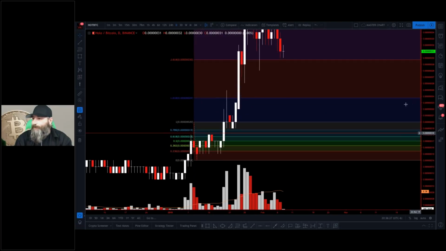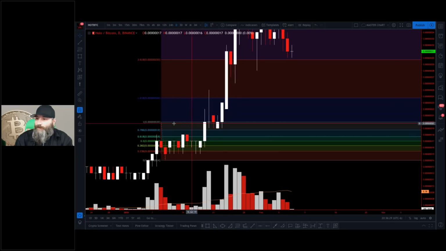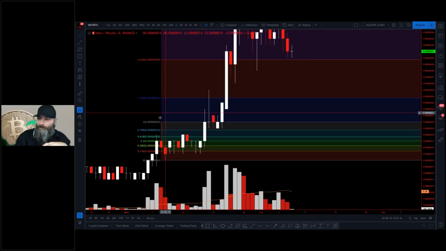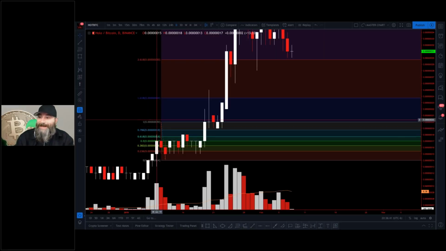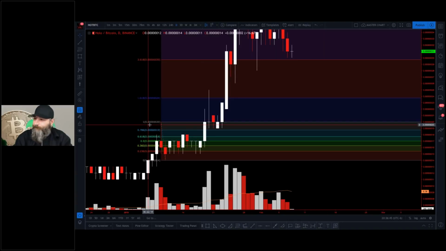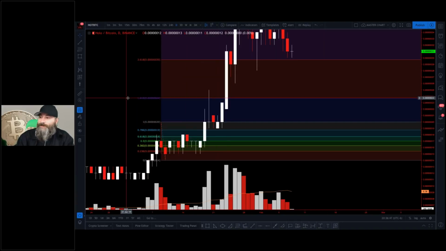So conservative targets. Back to the 1, which is a full retracement back, right? So I said from the low to the high, you lost 61.8%. You got your order filled. Well, you want to get that back, right? That's your big target here. Your next target could be a 1.618.